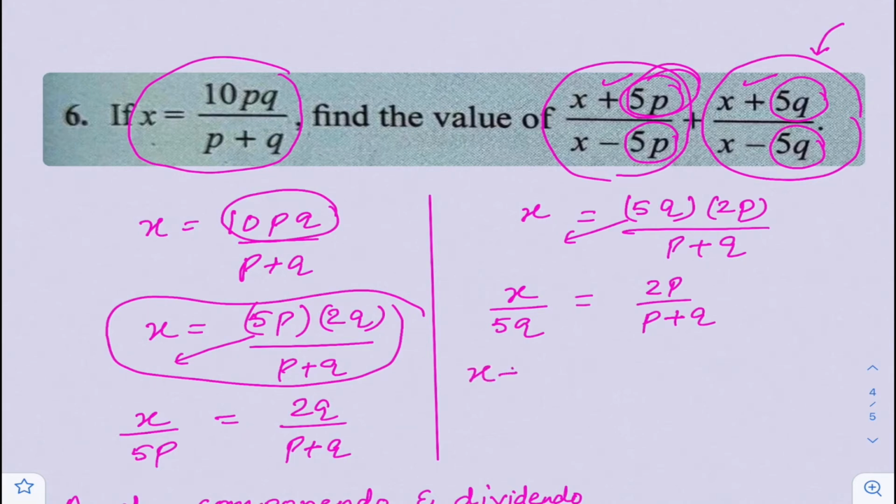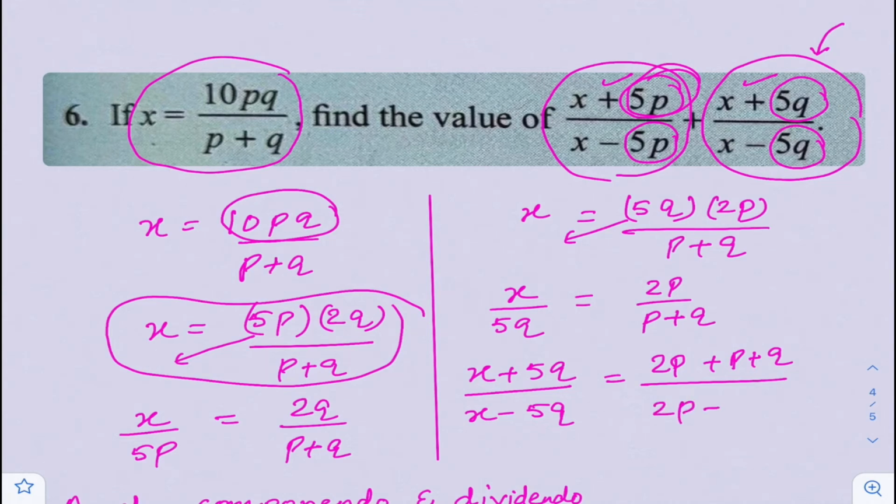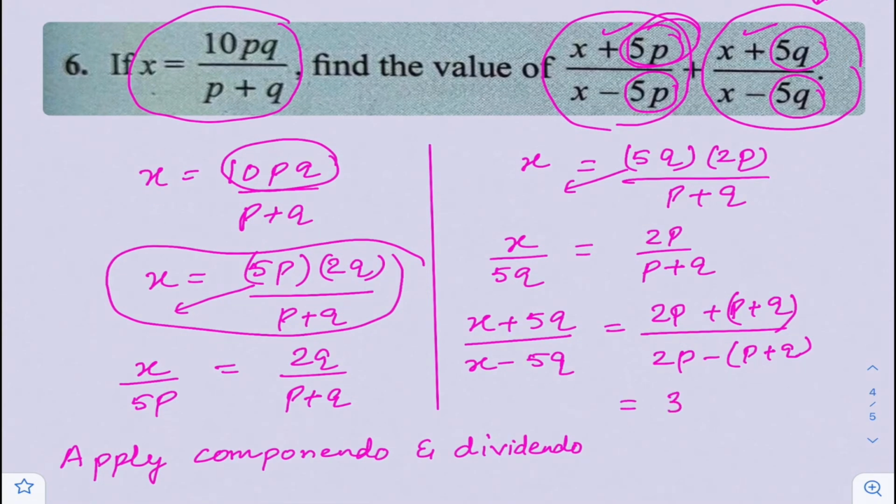So x plus 5q upon x minus 5q equals 2p plus (p plus q) over 2p minus (p plus q). So it's coming 3p plus q over p minus q. Let it be the second equation.